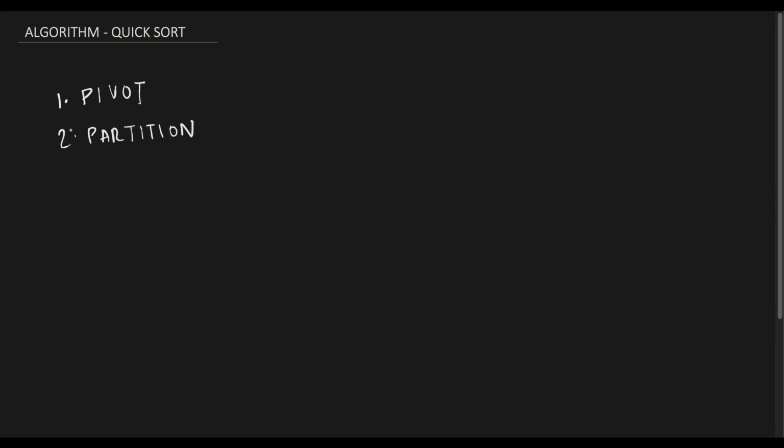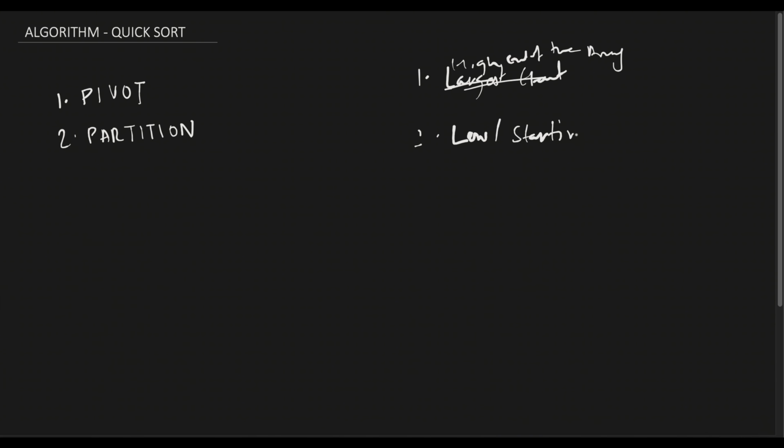We can use pivot in multiple ways. Either we can use pivot as the high end of the array, or we use pivot as the low or starting element of the array, or we can use pivot as any central point.